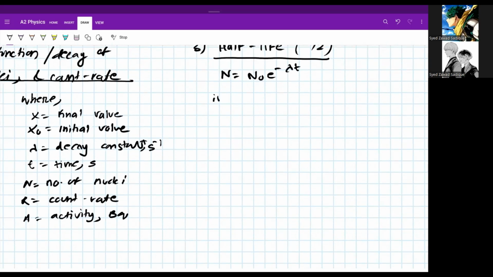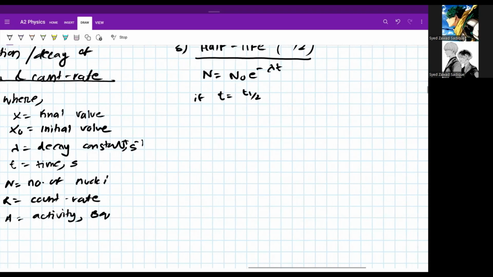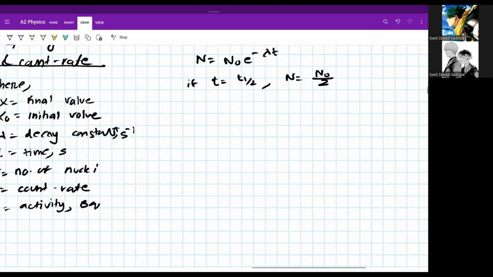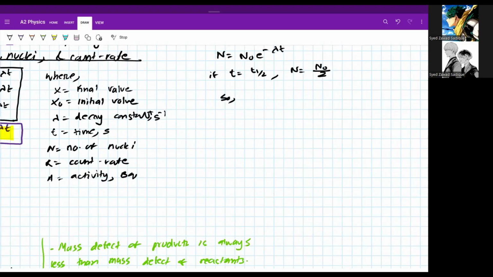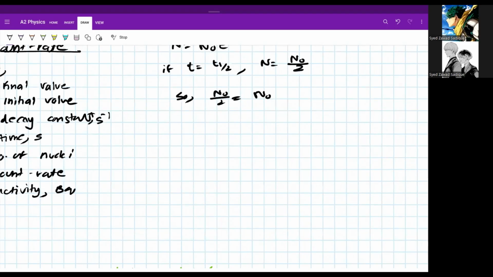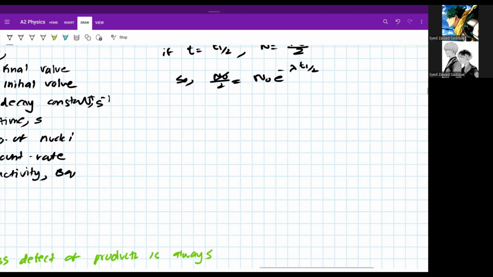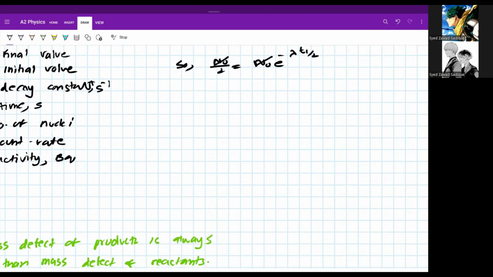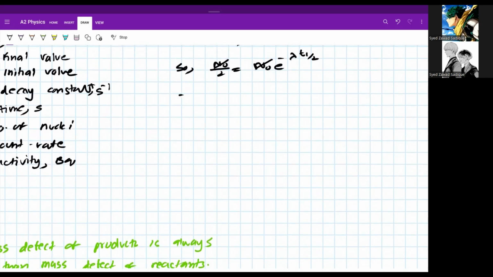Now if t is equals to t half, N is equals to N naught by 2. So N naught by 2 is equals to N naught e to the power minus lambda t half. N naught cancels out. E to the power minus lambda t half is equals to half.